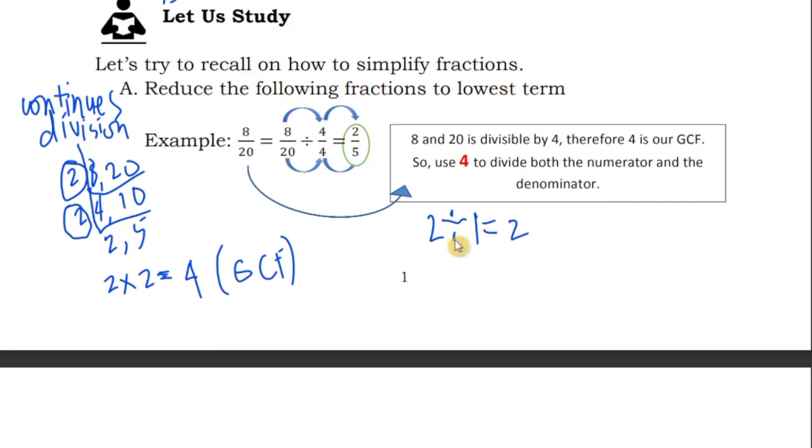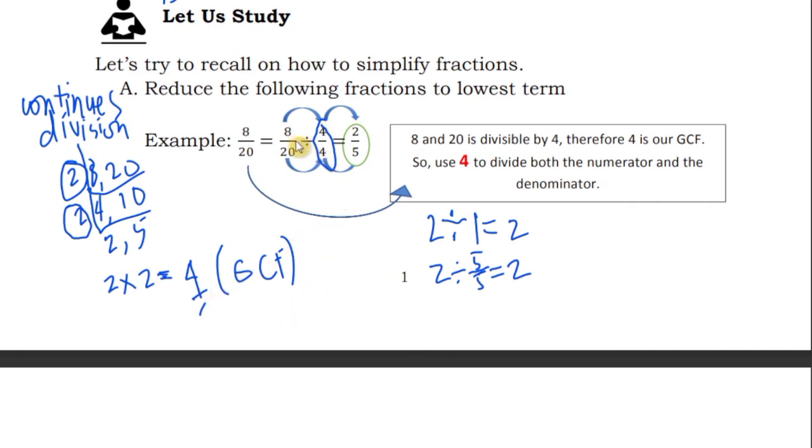For example, 2 times 5 over 5 is still 2, because 5 over 5 is 1. So we could allow dividing both numerator and denominator by 4 over 4, because the 4 over 4 comes from the GCF that we have.